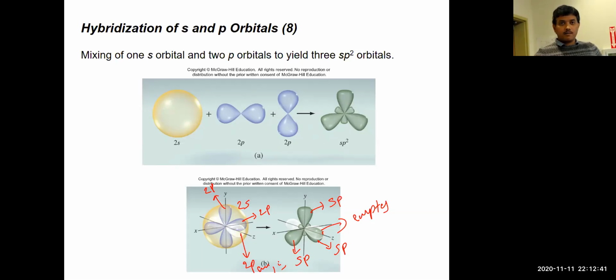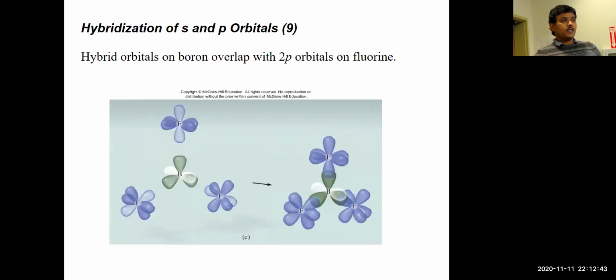But there are 3 sp2 orbitals now ready for bonding, which means you can expose them to the fluorine, where each fluorine uses its half-filled last p orbital to form 3 new single bonds with boron.